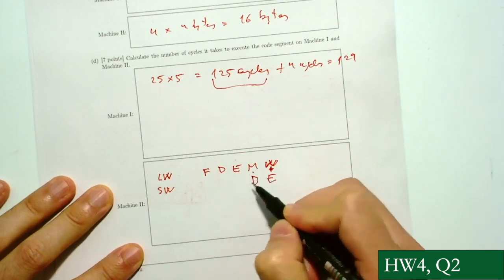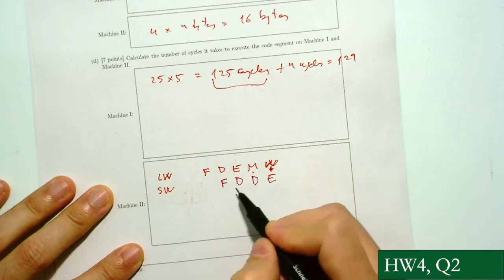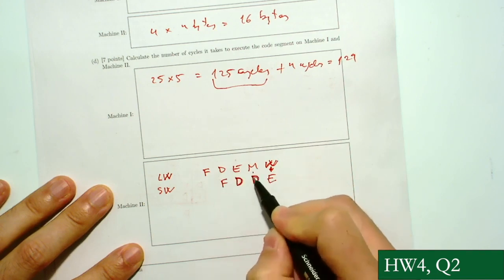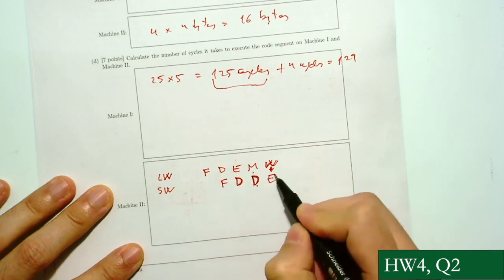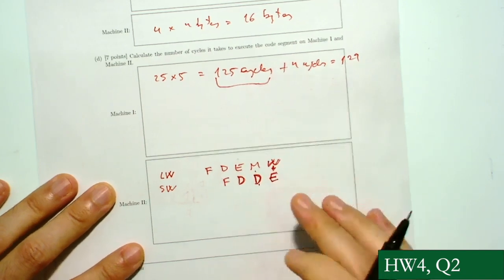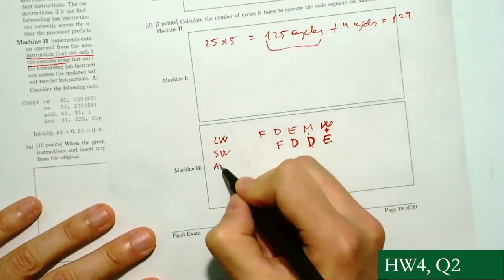Yeah, we have the code. So we have the store here. We are not ready to execute in this cycle because we need to wait for the data here. So next instruction is addition.